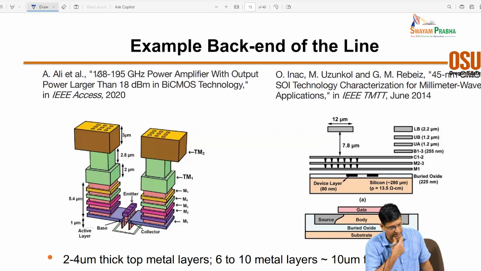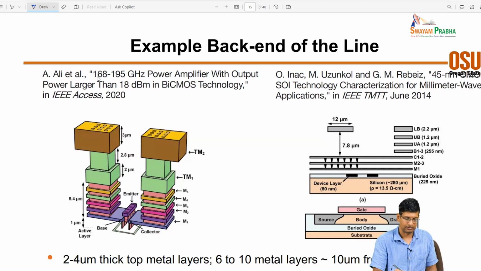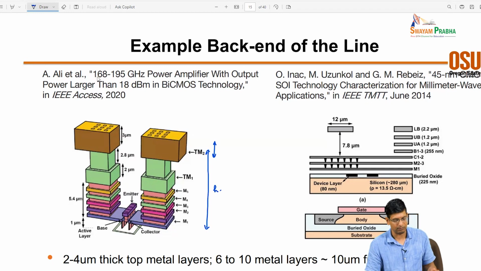Shown here is an example back end of the line that is there in technologies. The key things, as we mentioned yesterday, are the thickness of the top metal layers, the height of the metal layers above the lowest metal layer and the substrate, and the substrate resistance itself.